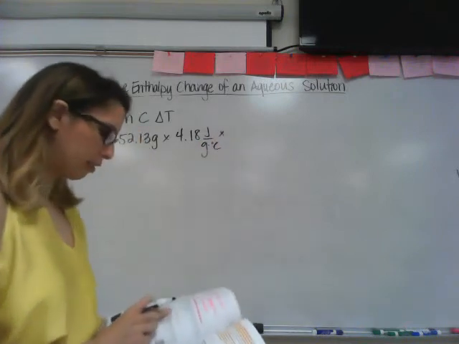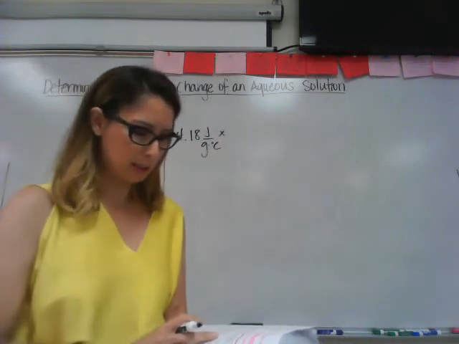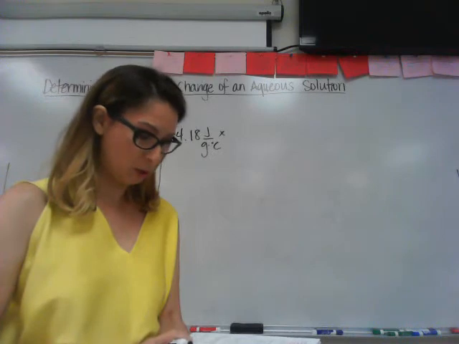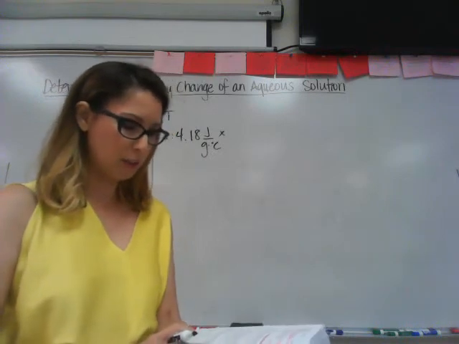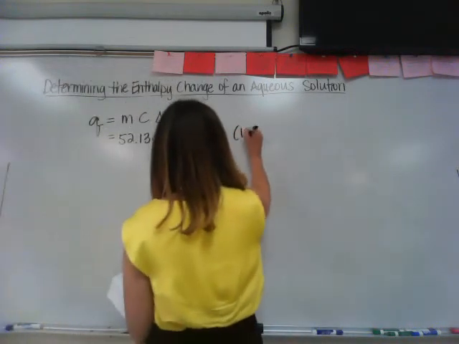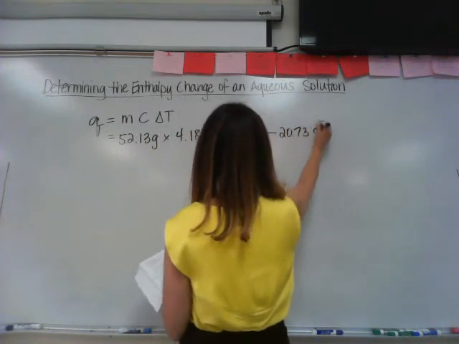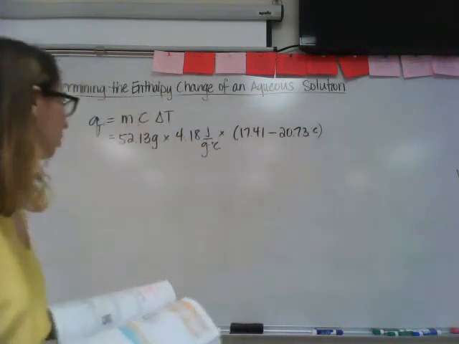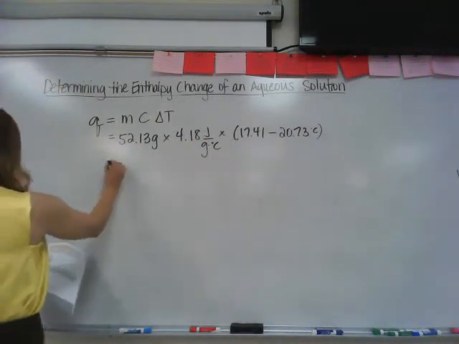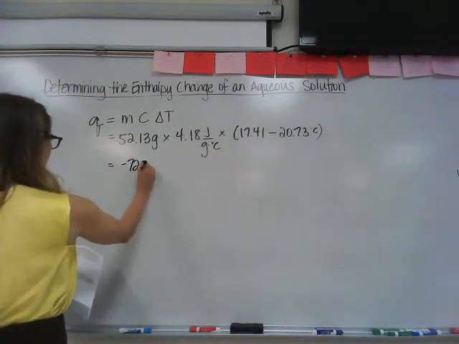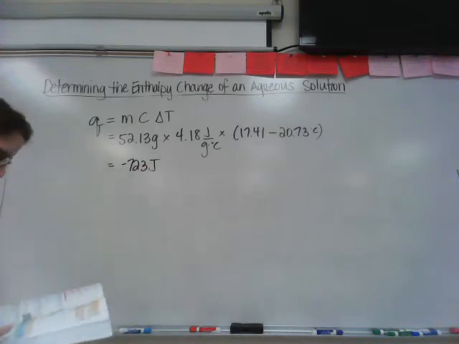And then your difference in temperature is 25.6. I'm sorry, I'm looking at the wrong problem. Your difference in temperature is 17.41 minus 20.73. Okay, so here you're going to end up with negative 723 joules.